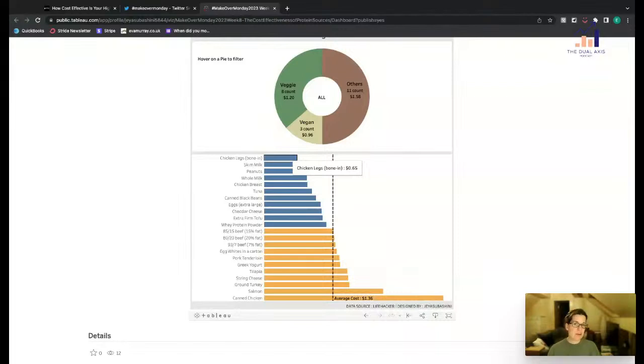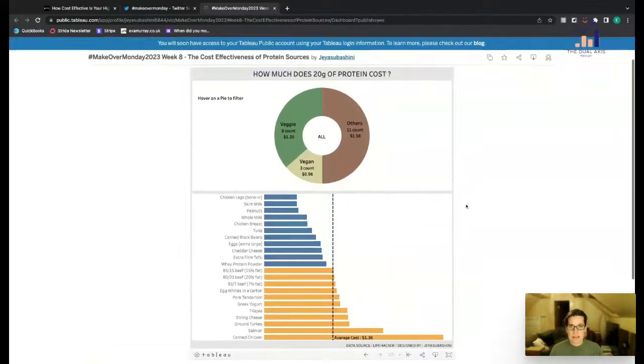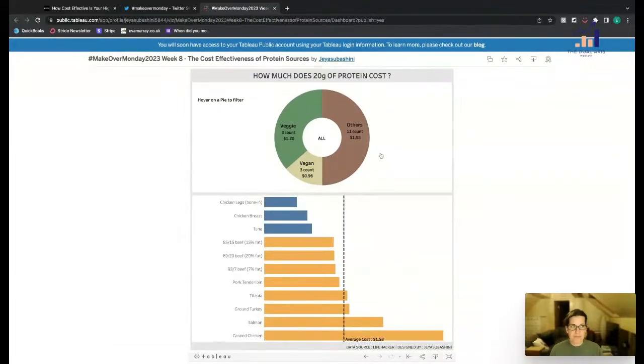So the prices aren't really comparable unless you compare them across portion sizes, because they contain different amounts of water and calories and stuff. So it's not like the 65 cents you pay for chicken legs is going to fill you up to the same level that maybe a bag of peanuts will, or a can of tuna or something. So just keep that in mind. But yeah, again, this needs more description.